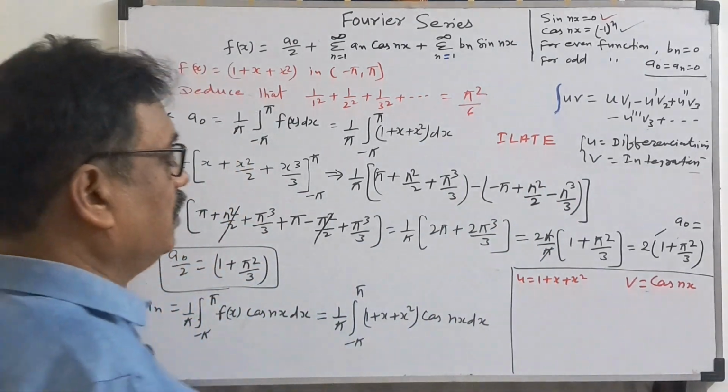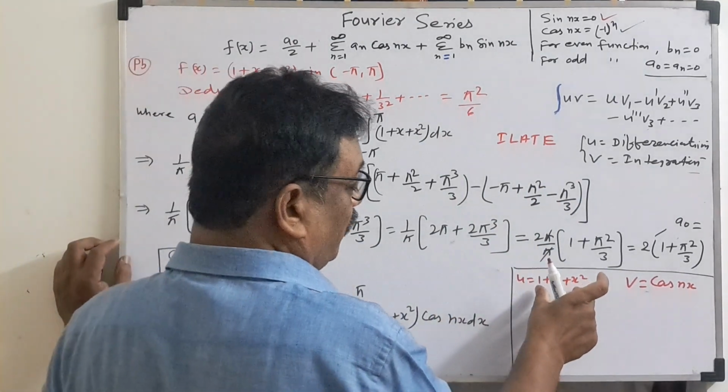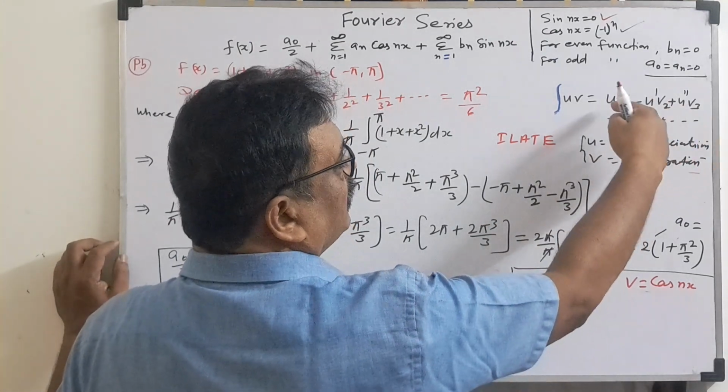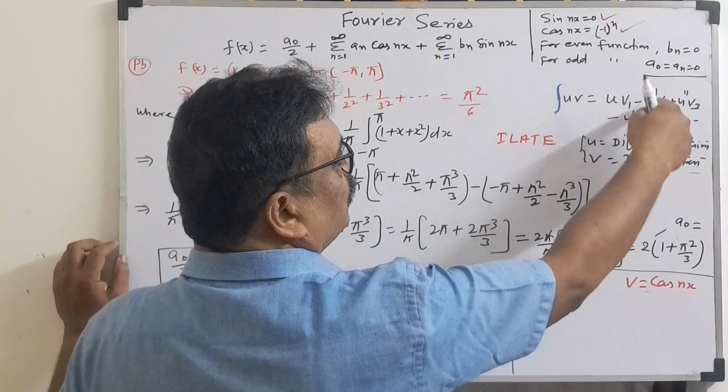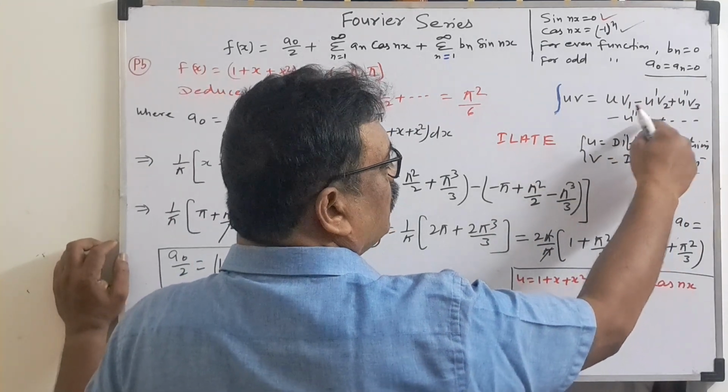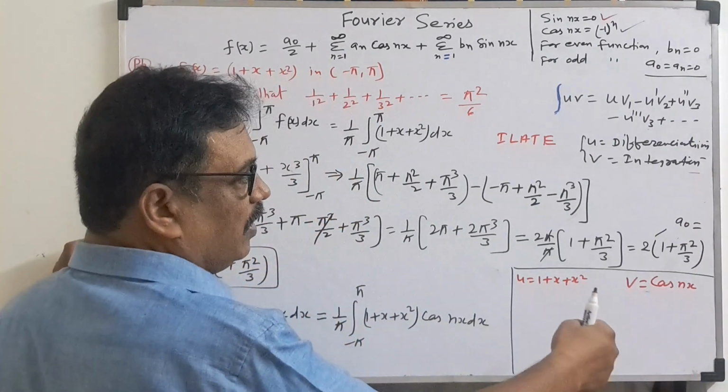Another concept: if you differentiate, see here, the formula is u v1 minus u dash v2 and so on. Suppose u becomes 0, then only can we stop the series.